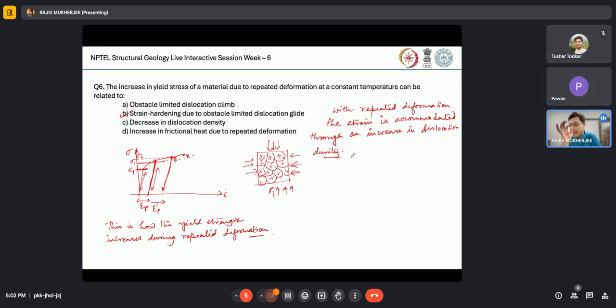Yeah, the thing is that in common notion, from common logic, we think that if you are introducing a large amount of defects, the material will become weakened, but that is not the case, because eventually dislocations move to accommodate the strain. They glide, they have a certain velocity of movement, right? So the strain is being accommodated by dissipation of energy through dislocations.